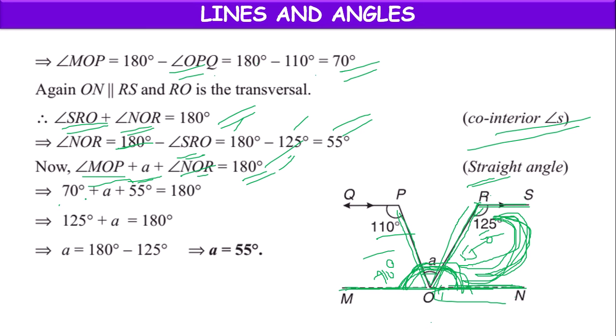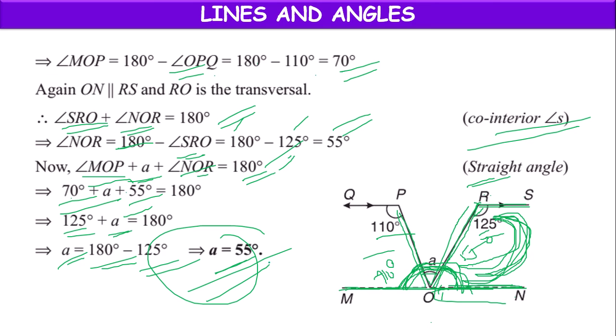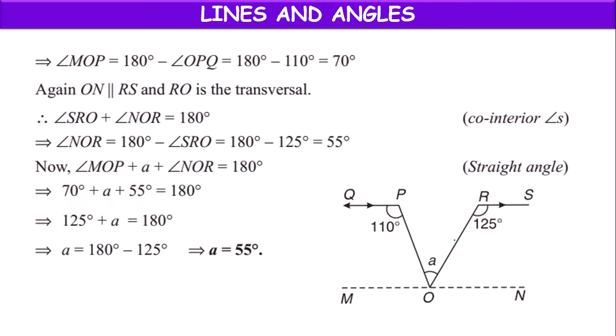But MOP value is 70 degrees, NOR value is 55 degrees, 70 plus 55 is 125, plus A. So A will be 180 minus 125, which is equal to 55 degrees. So in this way, we can find the value of A.